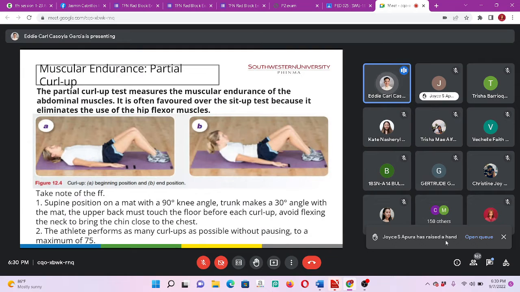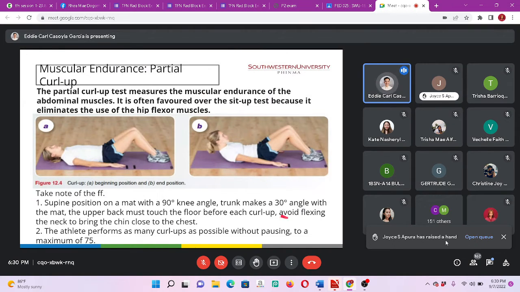As much as possible, if you can go beyond 75, you can continue if you are still able. But take note, once you stop or pause while doing the partial curl up test, that's the time you need to stop. The evaluator will start writing the result on the PFA form once they see that you have stopped. There is no need to continue since you have stopped and are tired.